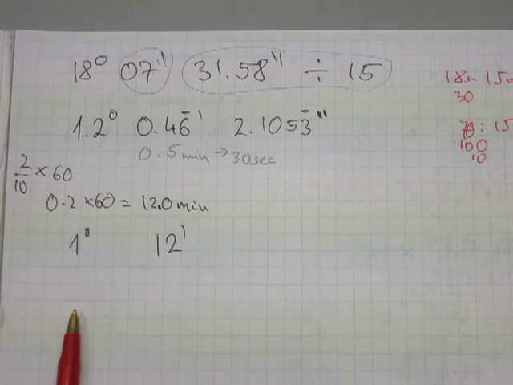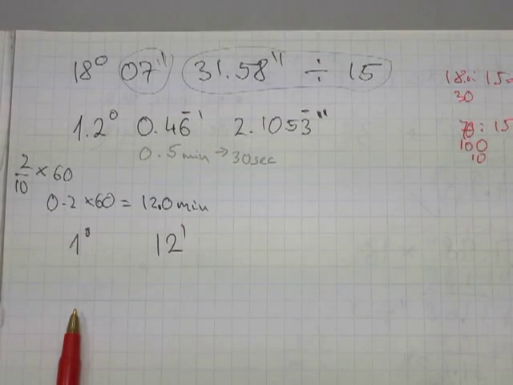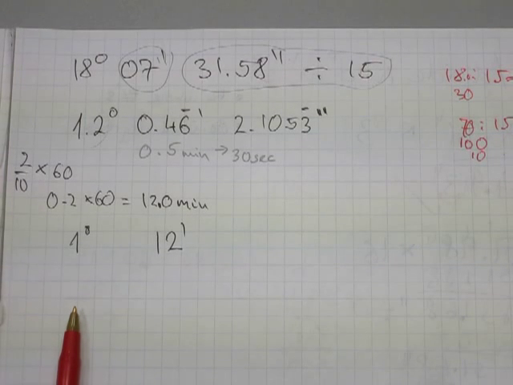So this is 0.46, and it is going to be less than 30 seconds. 0.46 minutes is not 46 seconds. Just as 3/4 of an hour, which is 0.75 in decimals, 0.75 parts of an hour is not 75 minutes. It turns out to be 45 minutes.